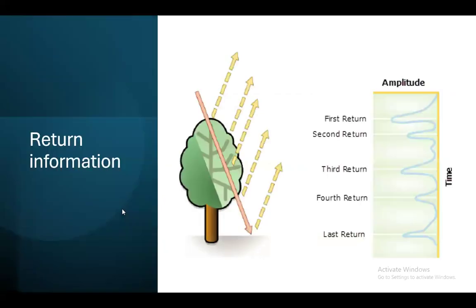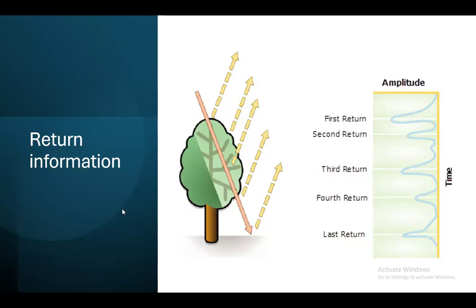Now, as I was discussing, the objects are identified based on the return information. Return means whatever is coming back, the reflection. You can categorize the return into first return, which is just striking the top of the surface or top of the canopy and coming back. Then in the next layer of the canopy, you have the second return. Whenever the beam is striking the third layer of canopy and coming back, that is the third return.